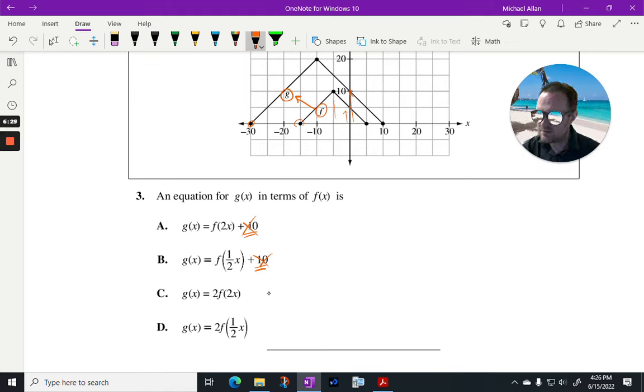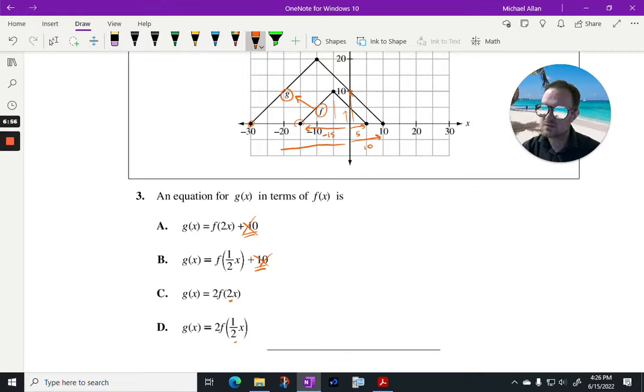Now this other one, we had to figure out the horizontal stretch. So it looks like it's gotten 2 times wider. So you can see that this was 3 boxes away, or like negative 15, times by 2 is negative 30. This was like 5, times by 2 is 10. Right? So there is a stretch factor of 2 about the y-axis here, right?